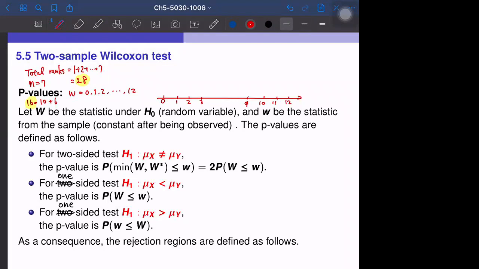Actually, this distribution is symmetric under the null hypothesis, symmetric at 6, because the probability that W is equal to 0 and that W is equal to 12 are the same. Under the null hypothesis, X and Y have the same distribution, so the sum of ranks of X is just a random summation of 4 ranks, minus 10.